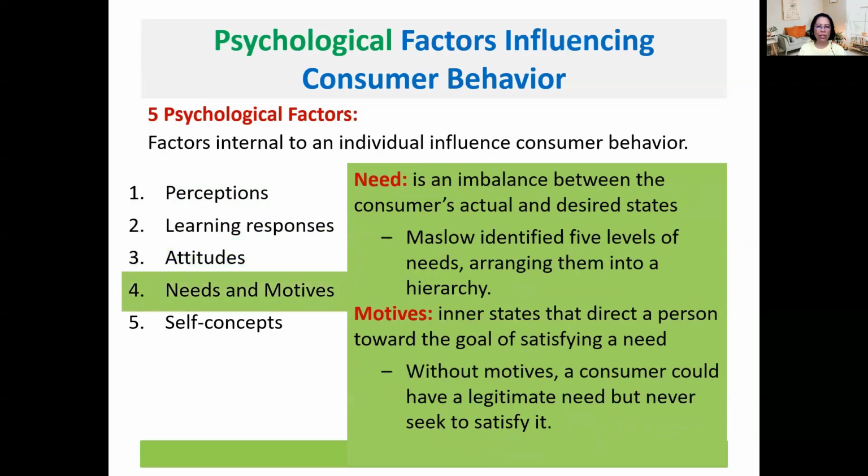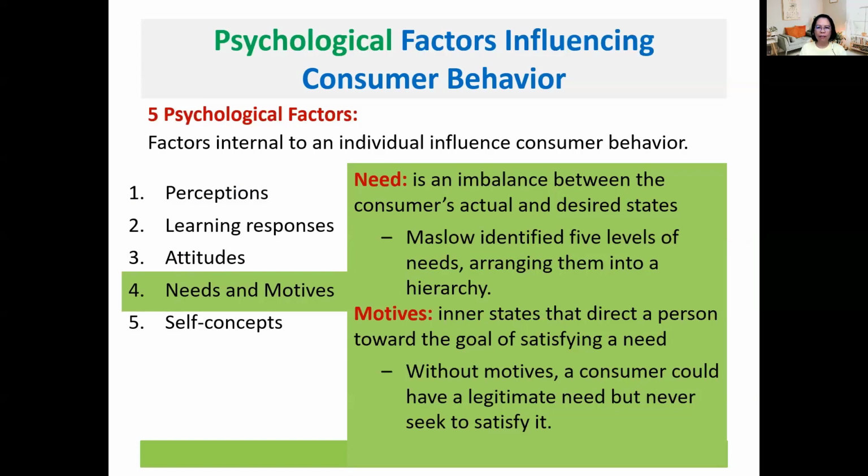Next are needs and motives. A need is an imbalance between the consumer's actual and desired states, as we discussed earlier when John realized that there is a gap between being hungry and a desired state wherein there is no more hunger or feeling of fullness.